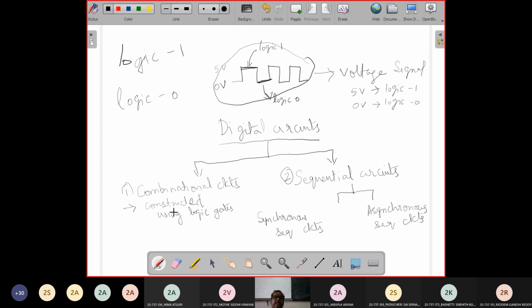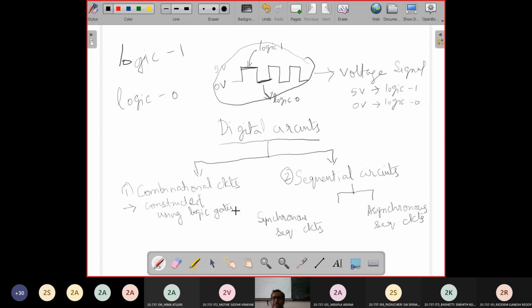The entire circuit is constructed using what are referred to as logic gates. We are going to understand what logic gates are, and all of you know the basic logic gates. The basic logic gates are your AND gate, OR gate, XOR gate, NOR gate. Combinational circuits are constructed using these basic logic gates.